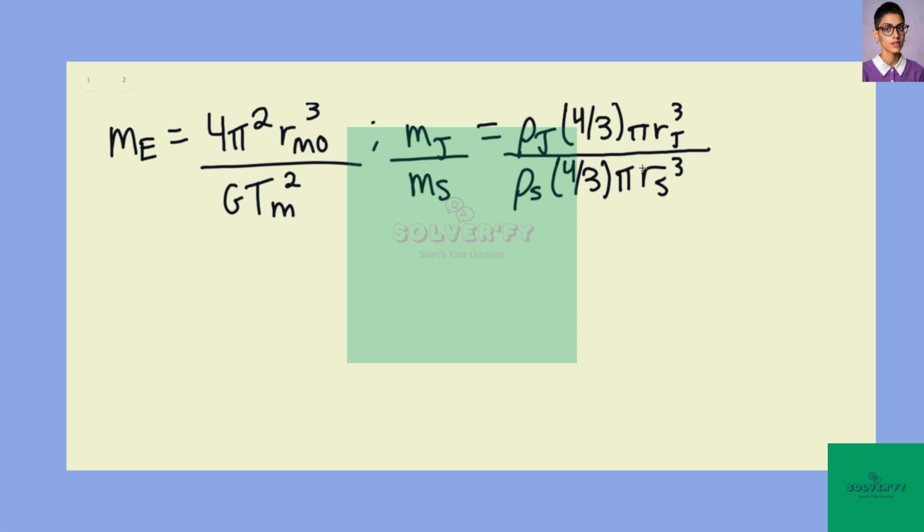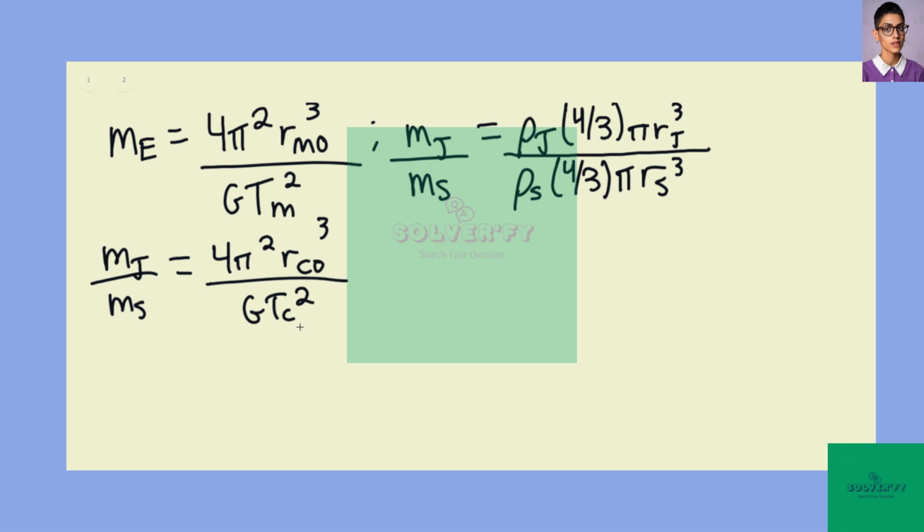And so this is going to be equal to, we can actually get a new line, mass of Jupiter divided by mass of the Sun will be equal to 4 pi squared times the radius of Callisto's orbit cubed divided by G times the period of Callisto squared, and then this will be divided by 4 pi squared times the radius of Venus's orbit cubed divided by the gravitational constant times the period of Venus squared.